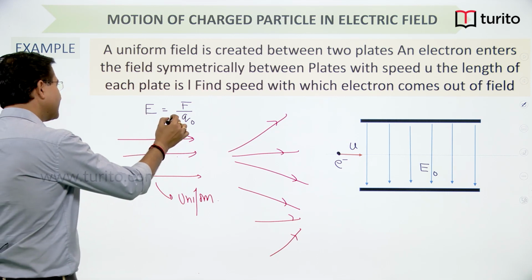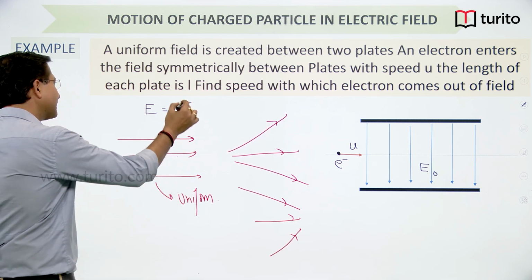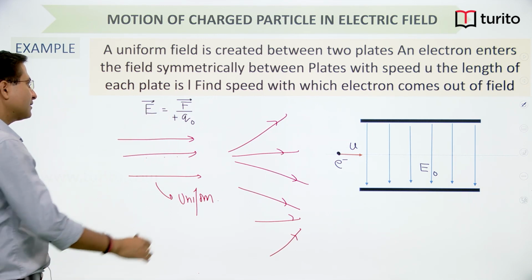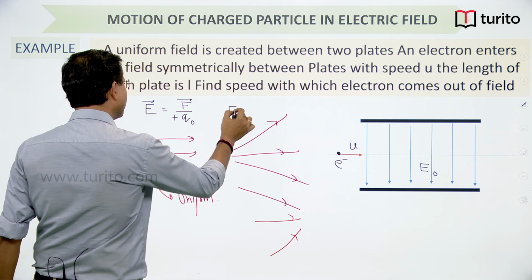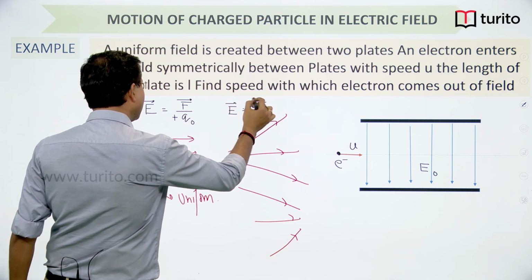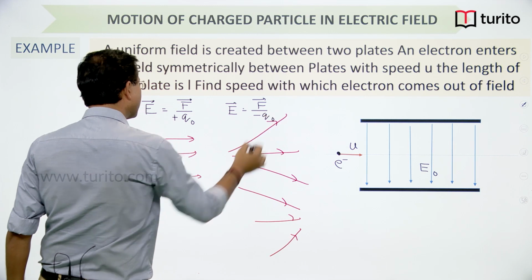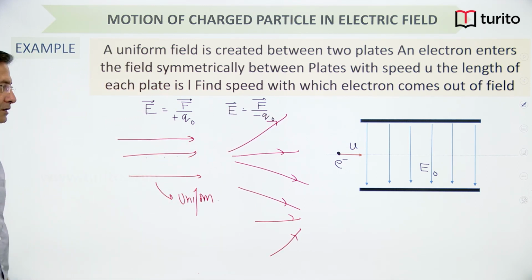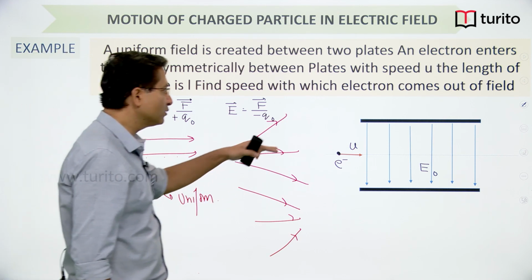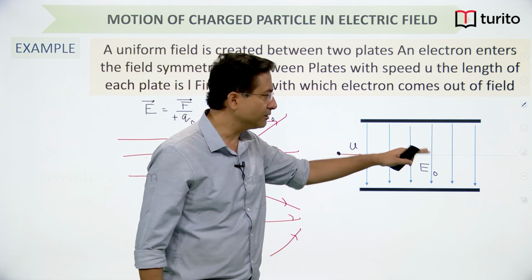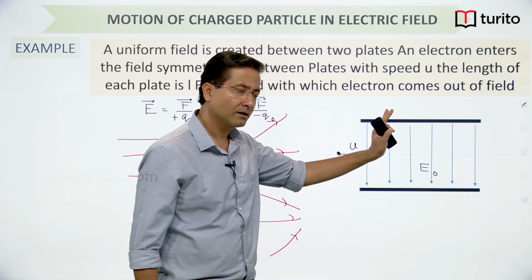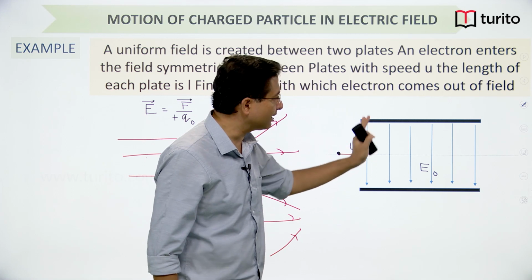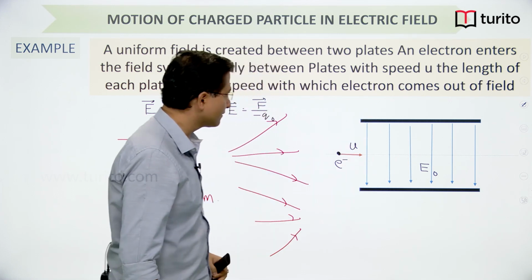If I take this charged particle positive, then the direction of force and direction of field both will be the same. If I make this charged particle negative, F is minus q naught E, then you can see the direction of force and direction of field will be opposite. So, as the particle enters the field, it starts experiencing force in the y direction, right. So, it will have force only in the y direction, there is no force in the x direction.